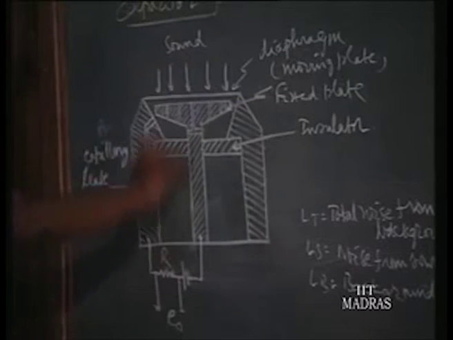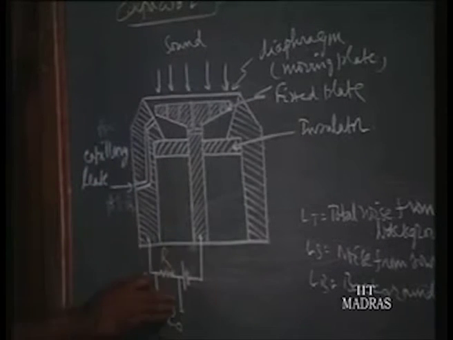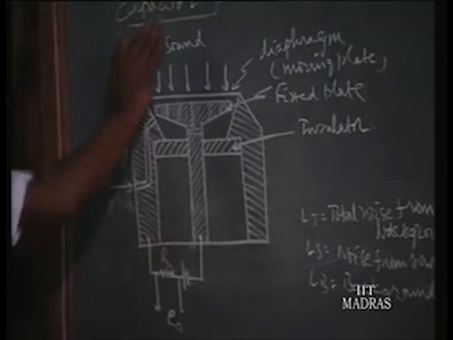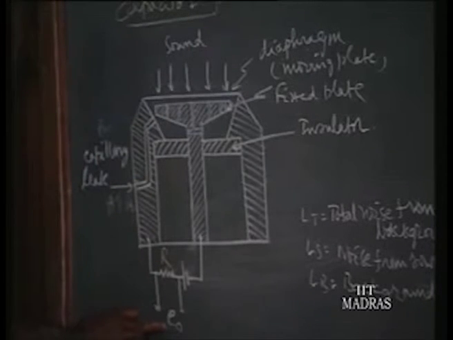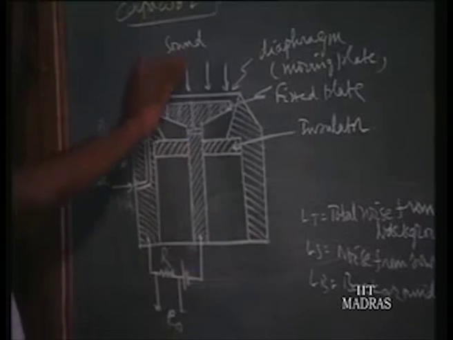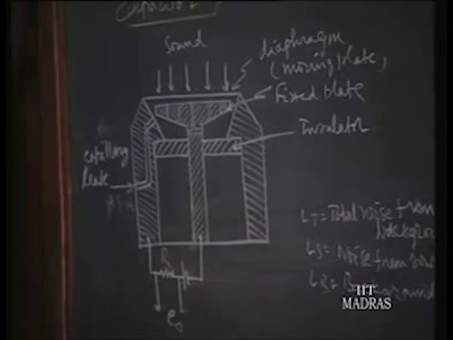Whenever the gap changes, the capacitance changes, and there is a current flow to and fro. That current flow through the constant resistor gives rise to a voltage drop of EO. Whatever the pressure variation, the same variation will take place in EO also. That means we have converted the pressure variation into a voltage variation. This is the capacitor type.